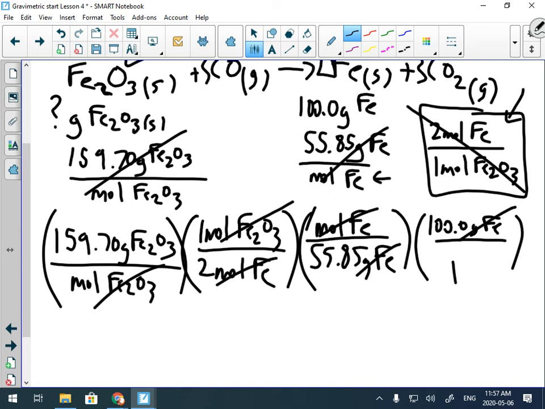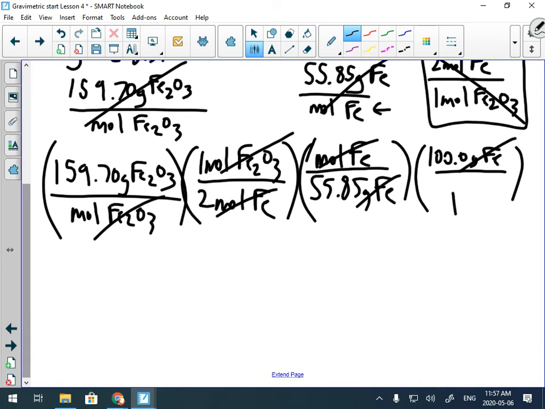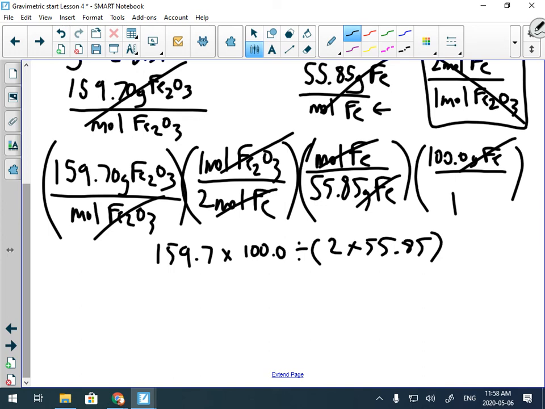So once again, I have 2 numbers on top and 2 numbers on the bottom. So I would go 159.7 times 100, that's not going to affect your calculator, divided by brackets, 2 times 55.85, close brackets. That's what I would do.